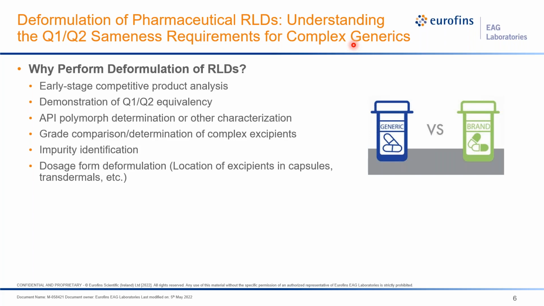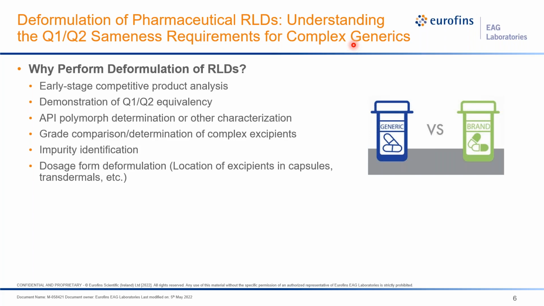When we talk about impurity identifications, this can be a number of things. We've identified contamination on tablets. We've done impurity investigations when it comes to degradation studies of APIs. We can even look between a good lot that's performing normally and a bad lot to look at why they are different. And then when we talk about these deformulations, we can actually look at the locations of excipients in capsules, in transdermal patches.